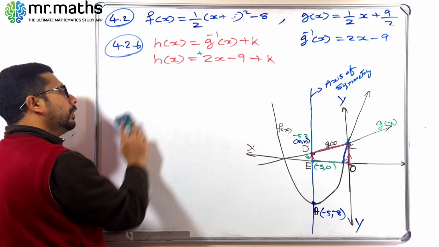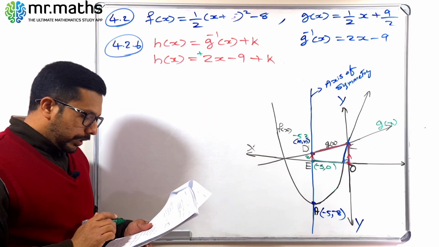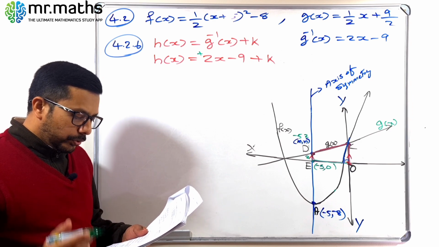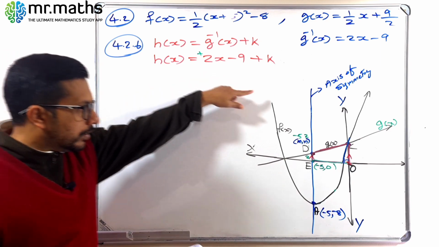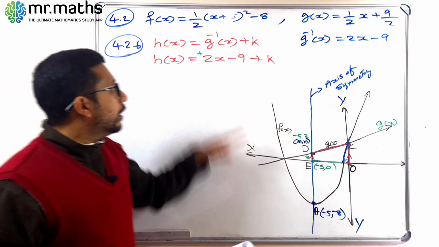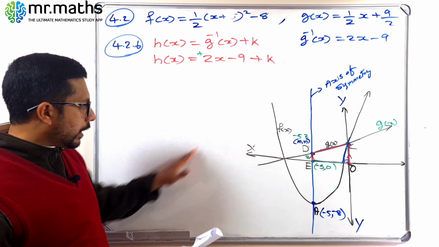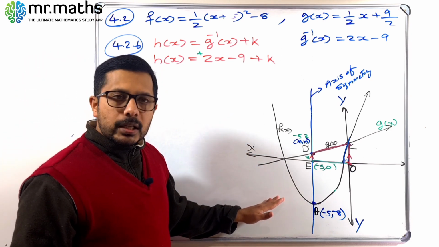Okay, now look at that question again. If h of x is equal to g inverse of x plus k is a tangent to f. So they are saying that this is a tangent to this parabola graph. Since the gradient is positive 2, the graph is an increasing straight line, and it's a tangent to f.